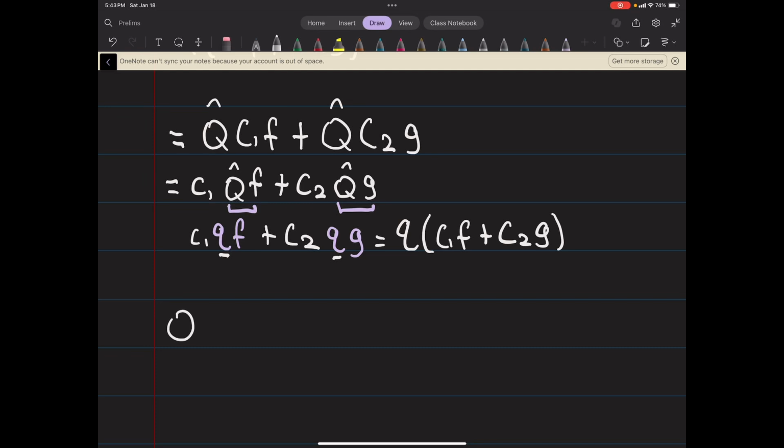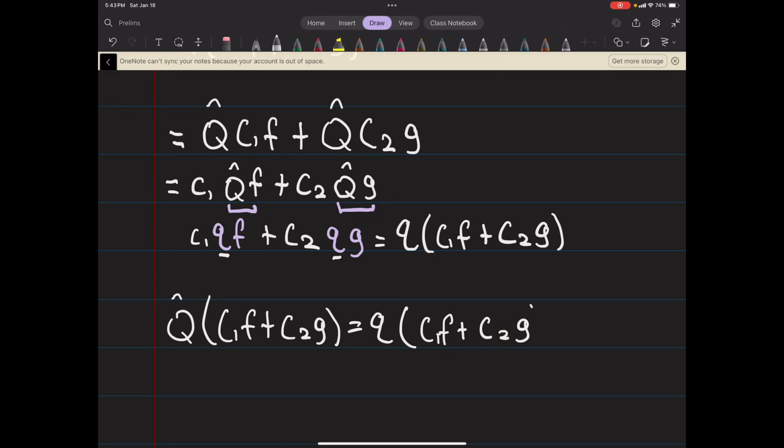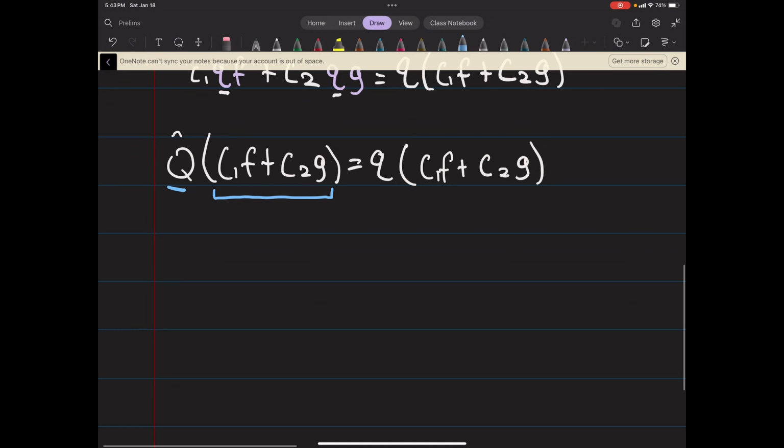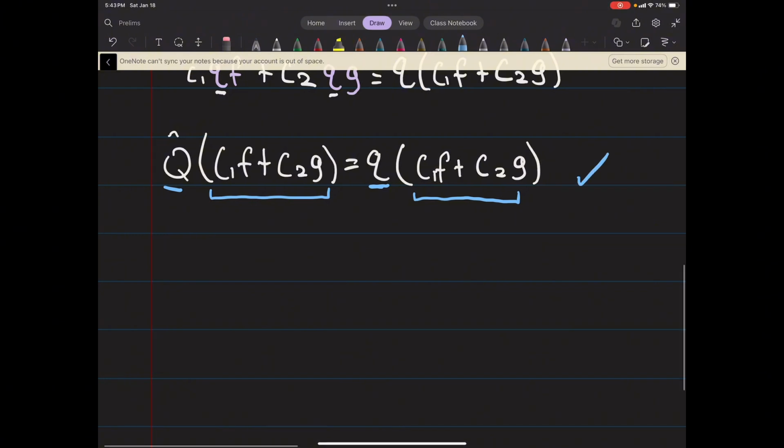But that is a linear combination because we started with this, where this is an eigenequation. So we're saying that Q operating on this linear combination of known eigenfunctions is just equal to some constant q times that same linear combination. So that essentially proves what we're trying to show, that it is an eigenfunction.